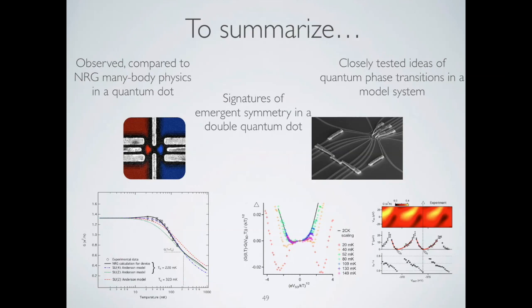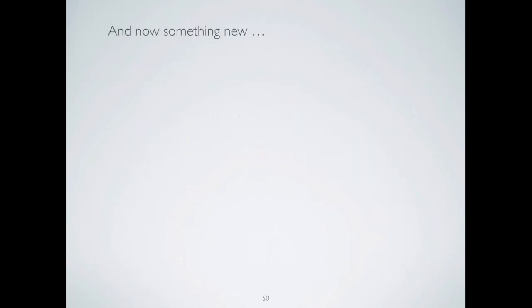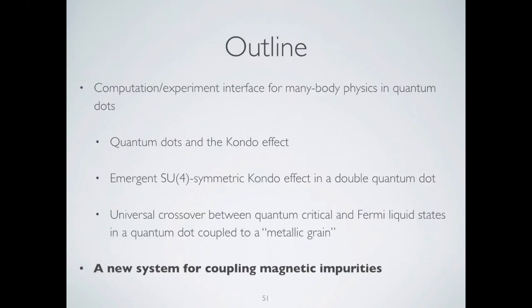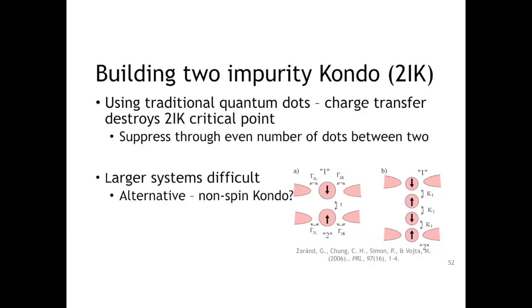So now I'd like to tell you about what I've been preoccupied by lately in this space, which is another attempt to try to get a two-impurity Kondo. As you may remember, we didn't quite succeed the first time. So it turns out that it's rather difficult to build a two-impurity Kondo system out of quantum dots.